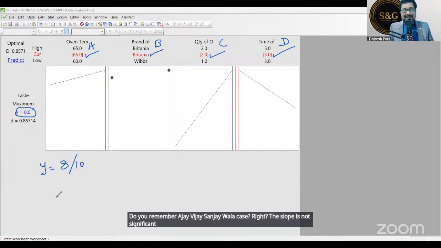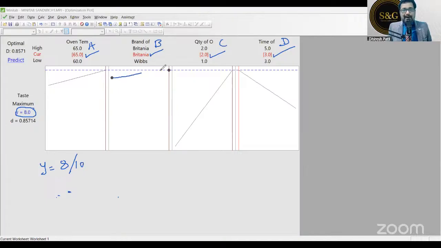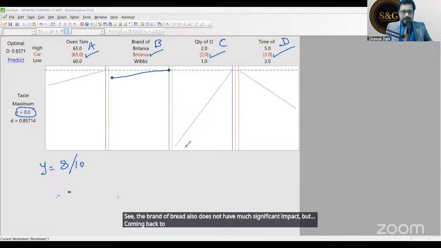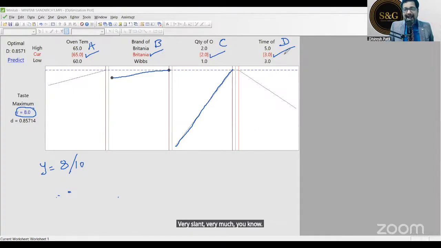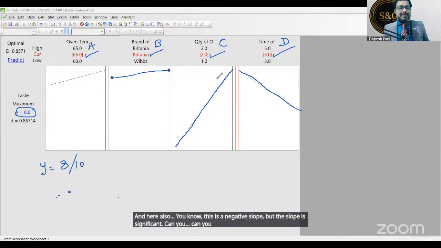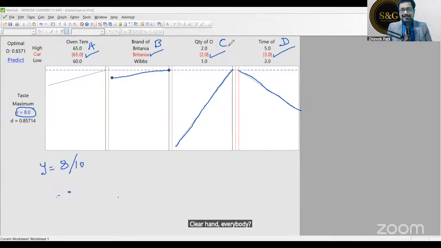The same goes for the brand of bread; it does not have much significant impact. But coming back to C and D, you can see the significant impact. Can you see the slope? The angle is very high. And here also, this is a negative slope, but the slope is significant. Can you observe this? Just type yes in the chat box. Is it clear, everybody?